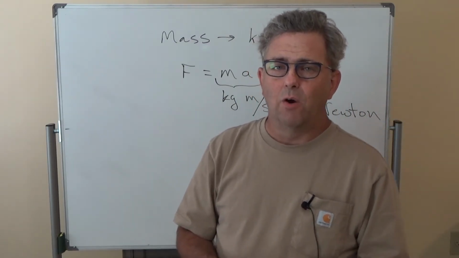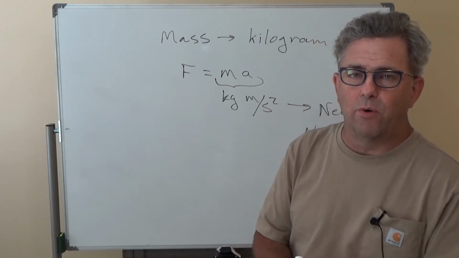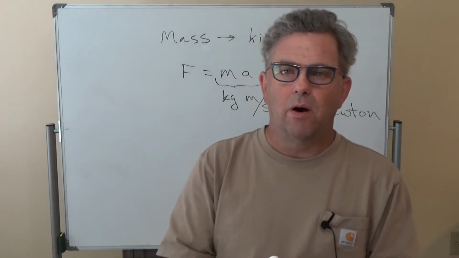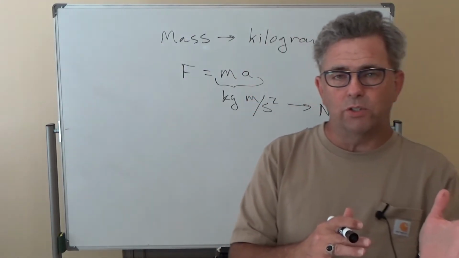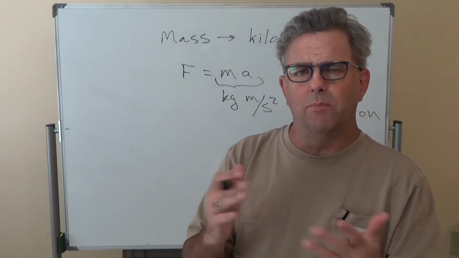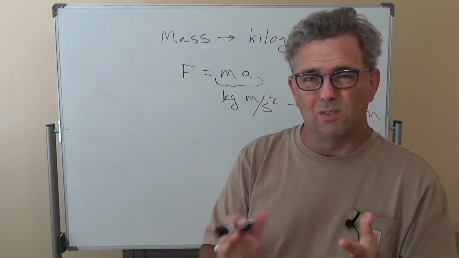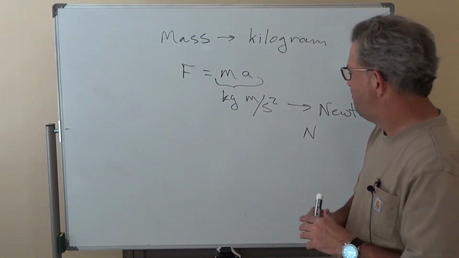So if you take a kilogram times the acceleration due to gravity, that's about 10 newtons. So 10 newtons is about 2.2 pounds of force. Pound is actually a unit of force. Okay.